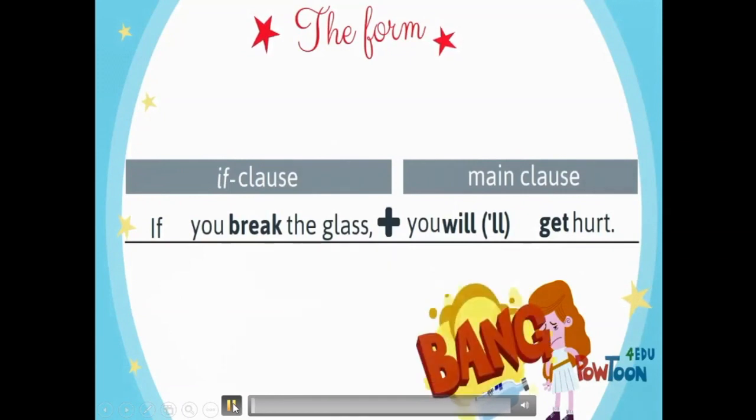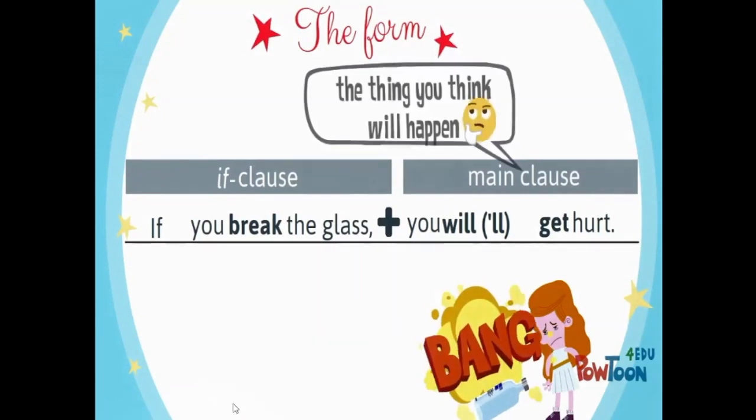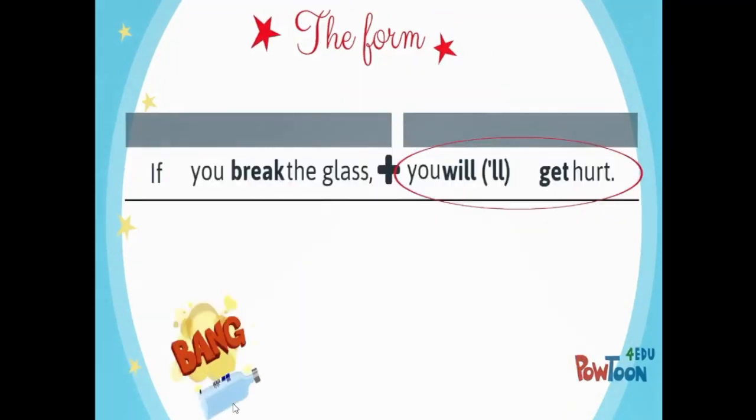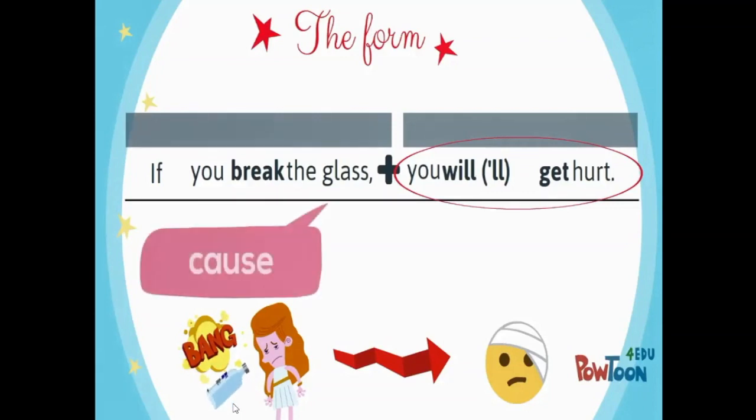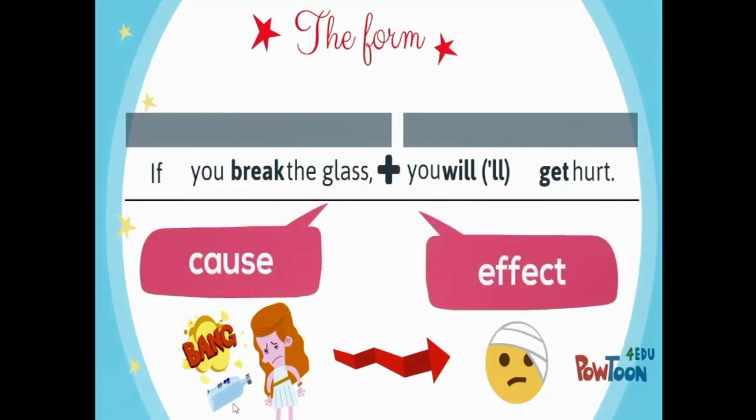For example, if you break the glass, you will get hurt. You will get hurt is the thing you think will happen. It's important to identify the cause and effect in a conditional sentence.